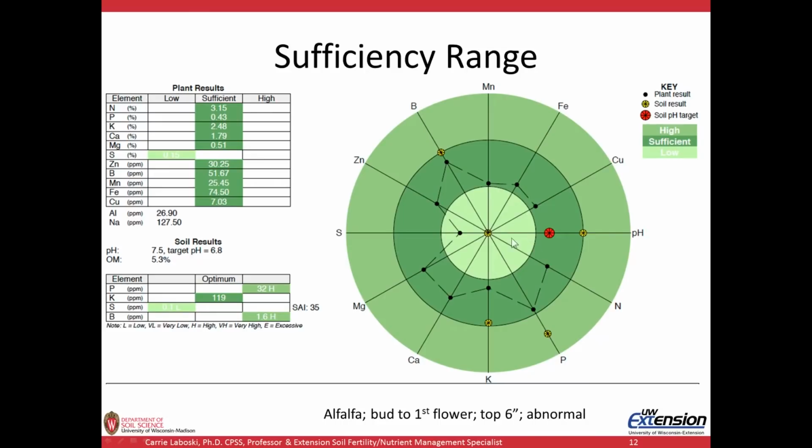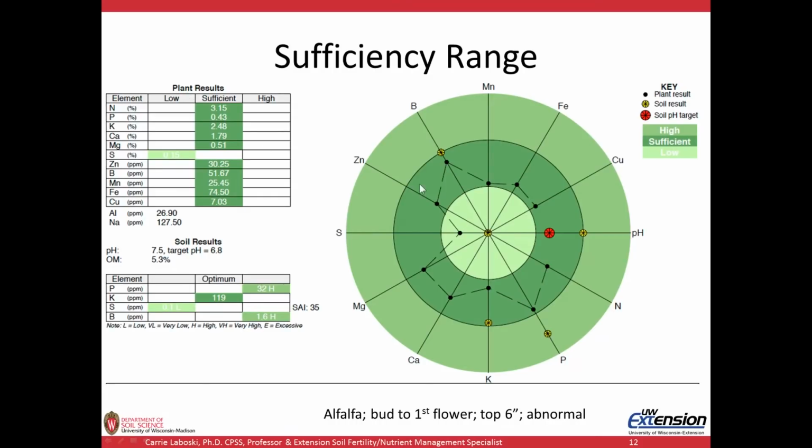And if you're in the center area, that would be considered low. The darker green is the sufficient range, and then the outer ring would be considered high. So here in this example, you can see all the nutrients are in the sufficient range except for sulfur, which is low. And that's exactly what that table is telling us.